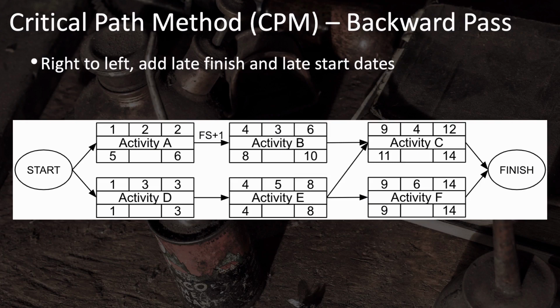So in order to not delay activity F, the latest it can finish is the end of day 8. So that's what you record in the lower right-hand corner. Because it lasts for 5 days, the late start on activity E is day 4. Same thing for activity D. It could end as late as day 3, and it could start as late as day 1.